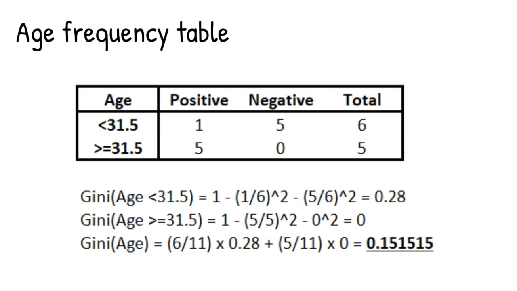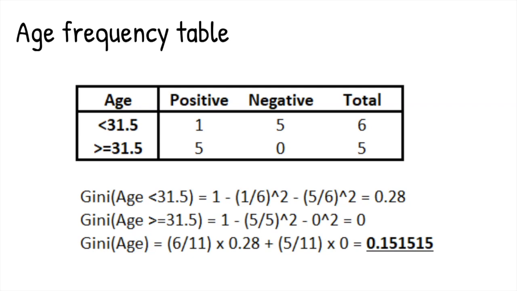And if we do the math, that Gini index will be equal to 0. Last but not least, the entire Gini index for age is equal to 6 divided by 11 because we have 6 younger people and 11 total, multiplied by 0.28 because that's the Gini index for the younger people, plus 5 divided by 11, 5 because we have 5 older people, times 0 because the Gini index for the older people is equal to 0.